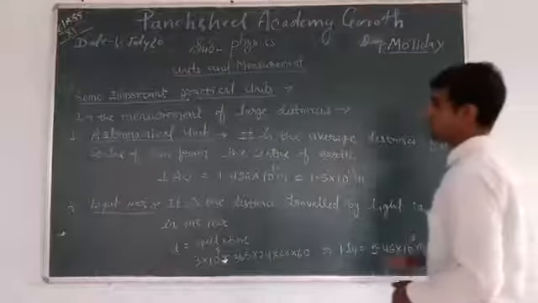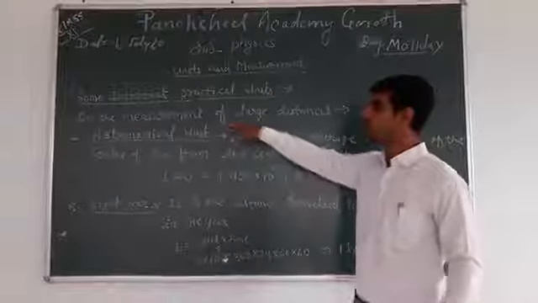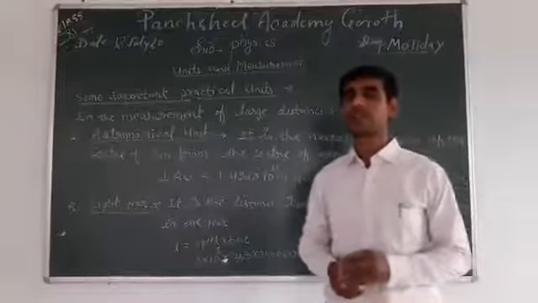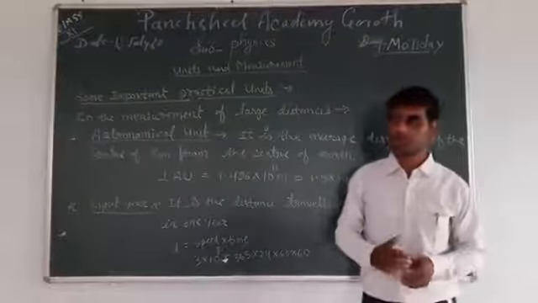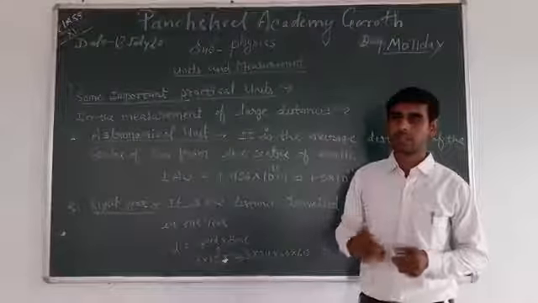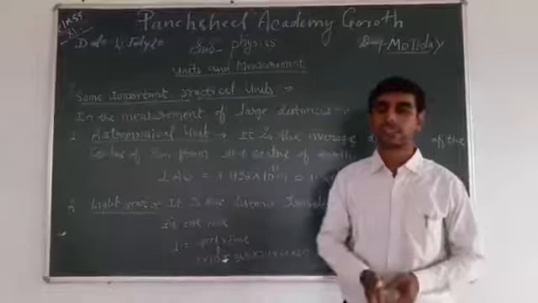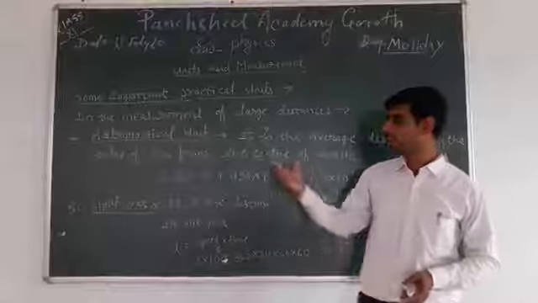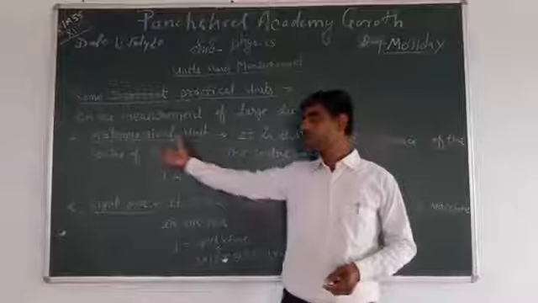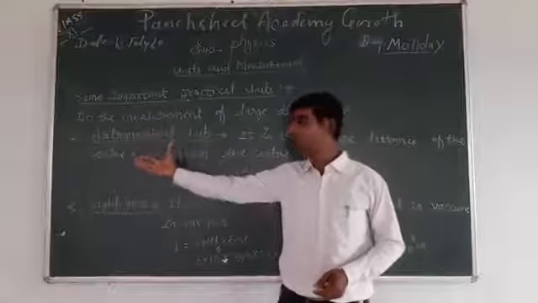Some important practical units are used in the measurement of large distances. Suppose you want to measure the distance between the sun and earth, or moon, or the distance between two planets, meaning for large distances, then mostly we use two units, which are the practical units.